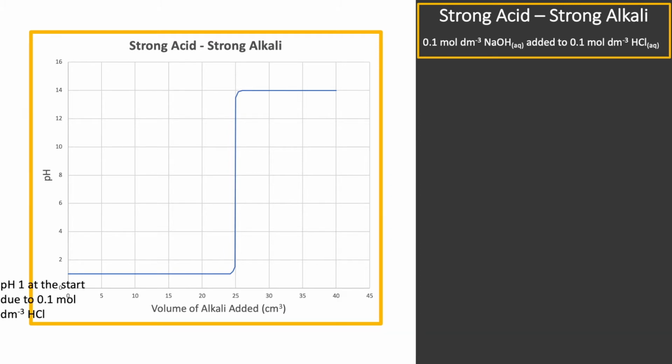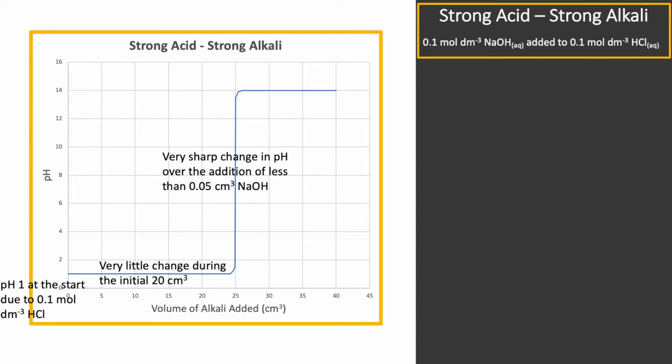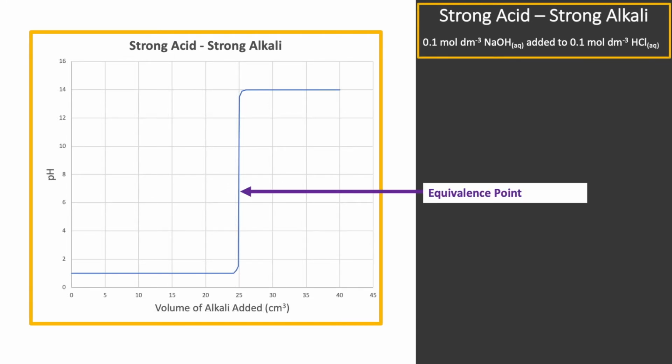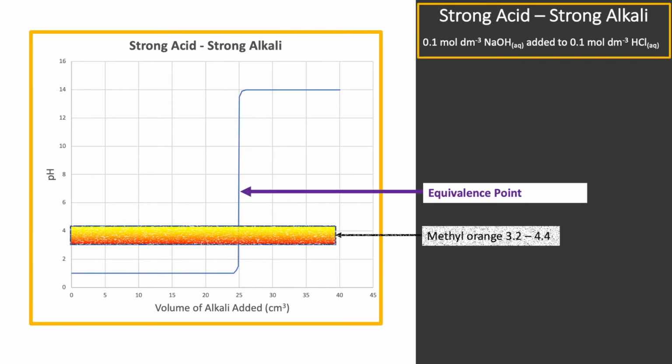So we start with a pH of 1. We don't see much change during the first 20 centimetres cubed. We then see a very sharp change, and our pH will level off at about 13 once we have excess sodium hydroxide.